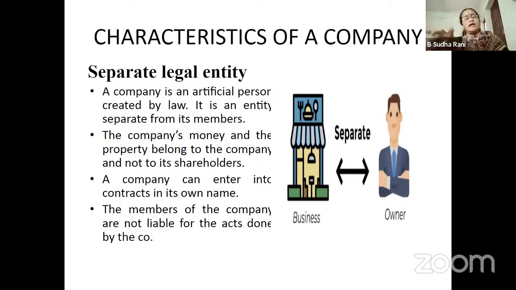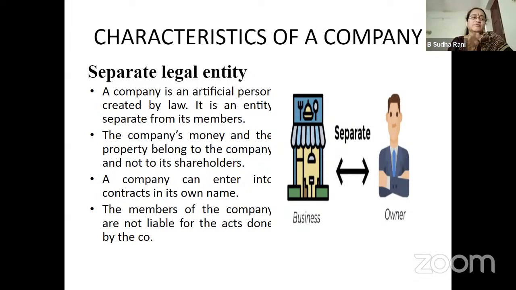Now let us understand these terms in the meaning as the characteristics. Separate legal entity: what is a separate legal entity? Being an artificial person, with the registration, these companies get their identity separate from their founders, the members who operate it, or the owner.